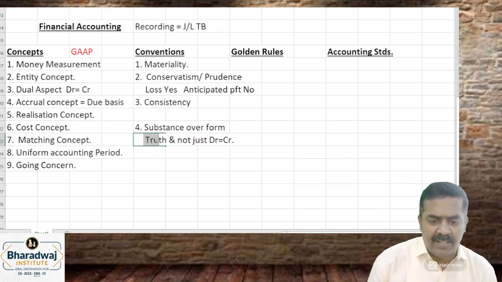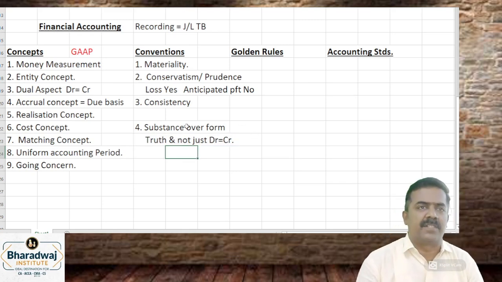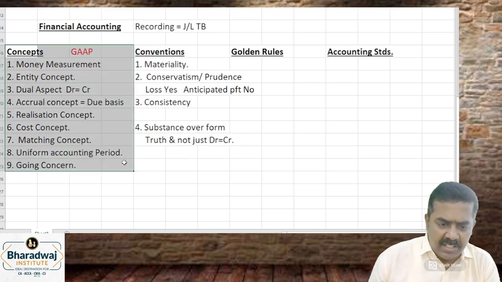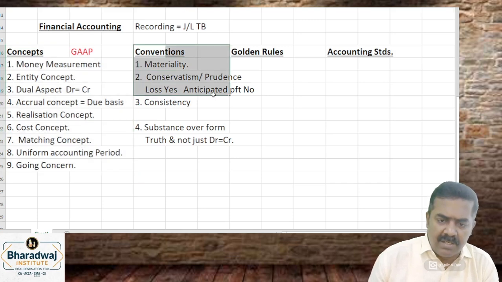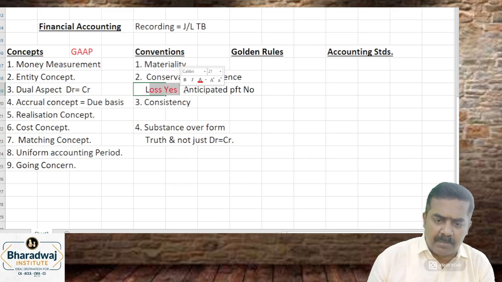So if it is a profit, tell it as profit. If it is a loss, tell it as a loss. Real facts and figures should be presented, not just mere debit and credit. So, accounting concepts or conventions are suggested for goodness: provide all important information, provide for all losses, but don't record what? Anticipated profit.